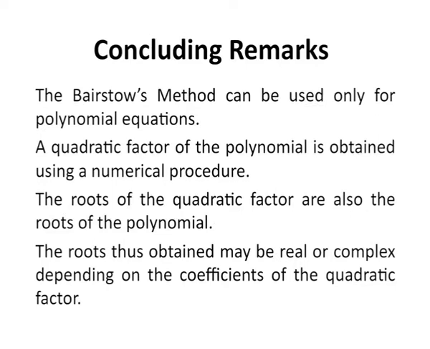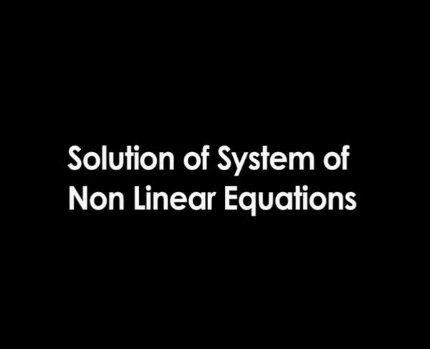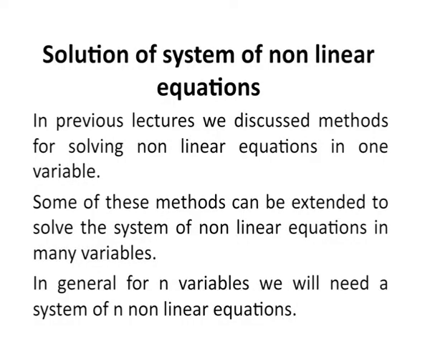So far we have discussed the methods for solving nonlinear equations in one variable. In many cases, we find a system of nonlinear equations in more than one variable, in several variables, and we will try to find some numerical methods which can be used to find the solution of the system of nonlinear equations in many variables.